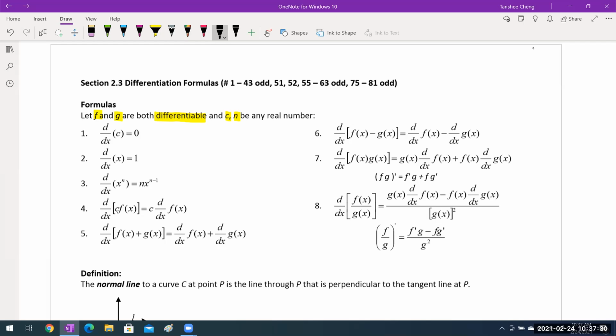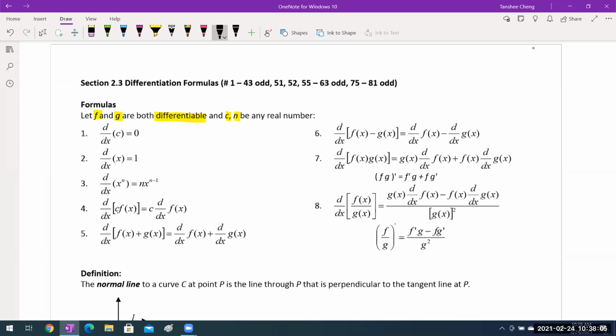If you have a constant multiple of a function, then when we take the derivative, we can simply factor this constant out of the derivative. So the derivative with respect to x of a constant times a function is equal to the constant times the derivative of the function. You can take the derivative of the function first and multiply by the constant later on.